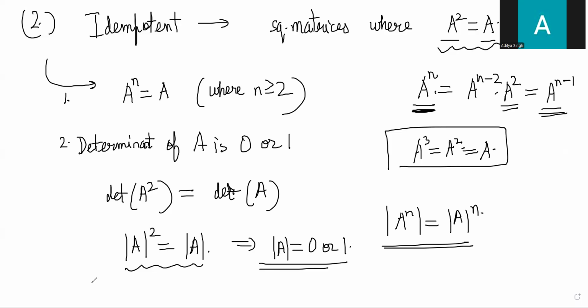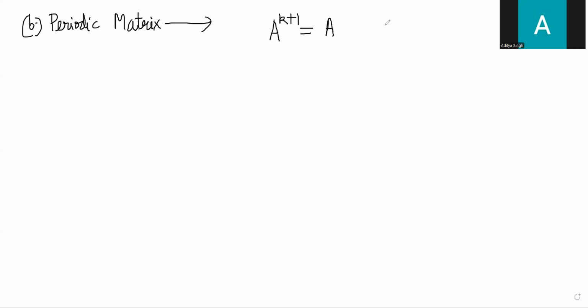Then we come to the next type of matrix, which is known as periodic matrix. So a periodic matrix is basically any square matrix that satisfies a power k plus 1 is equal to a for some positive integer k.